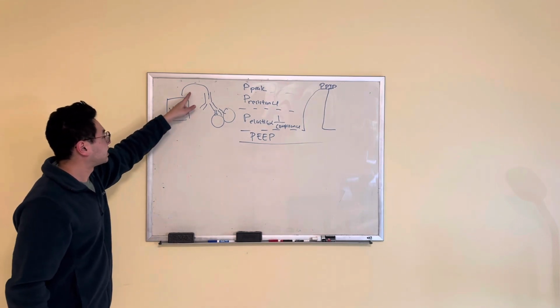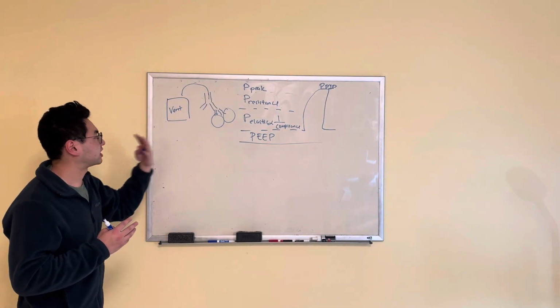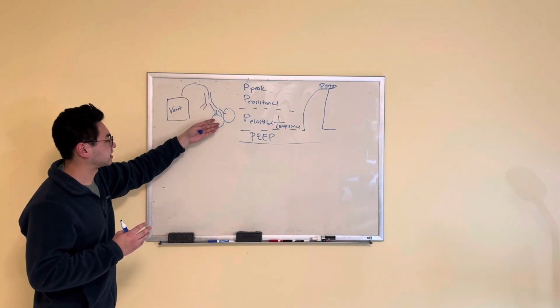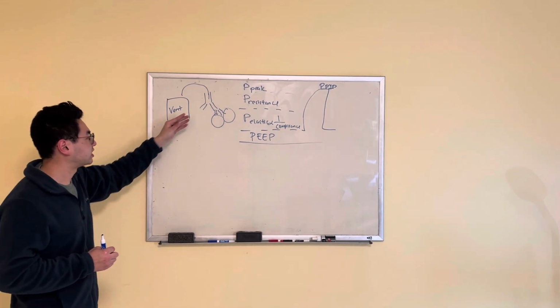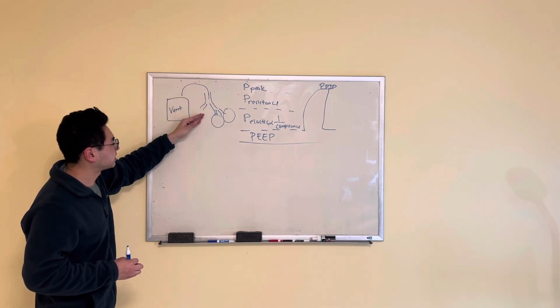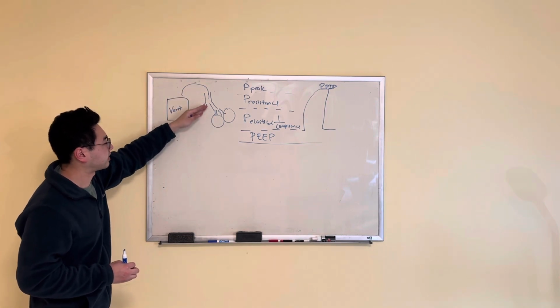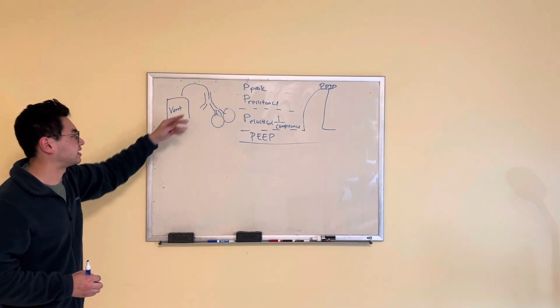So if we understand that this peak pressure has put in all the effort to open up the resistance and the elasticity, what we can do is tell the machine to just give enough pressure to continue to open up the airway and just keep the airway open and not give any more than that.